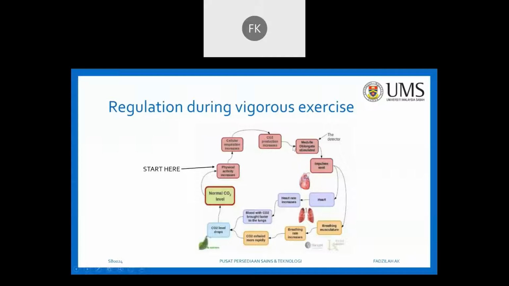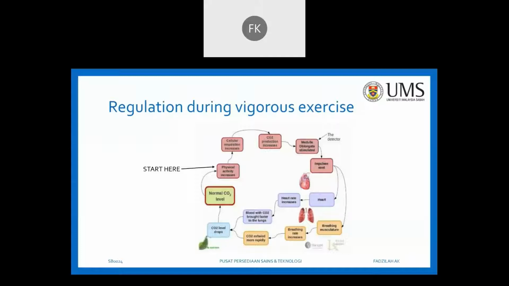the medulla oblongata, and the stimulation happens and impulses are sent first to the breathing muscle, and you inhale more oxygen rapidly and exhale carbon dioxide rapidly. And second, impulses are sent to your heart so that your heart can pump more blood.